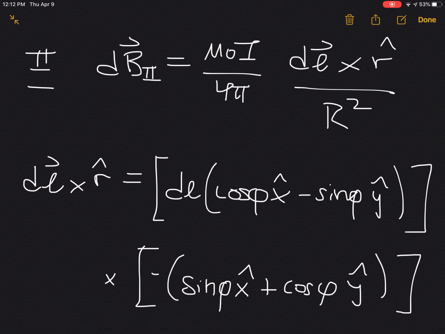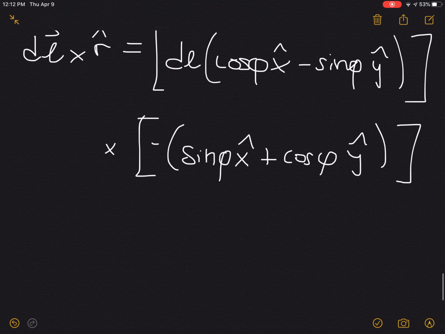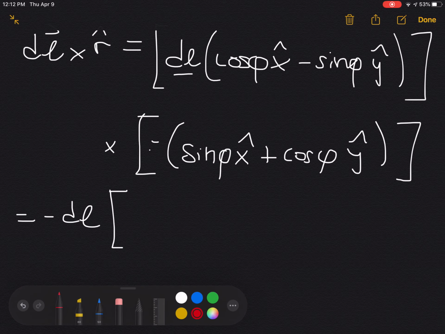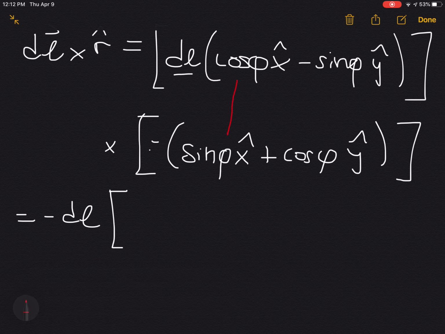Now I'm gonna have to FOIL all of this out, so this is gonna get messy for a second here. Let's factor out the pieces that we can, which is the dl and the minus. So minus dl. Let's open our brackets right here. So when I do this cross product, I'm going to FOIL essentially, so I'm going to multiply the first term by the first term here, and then by the second term there.